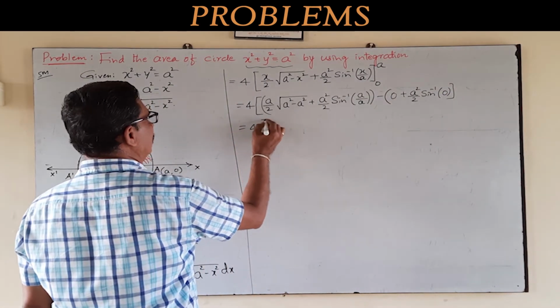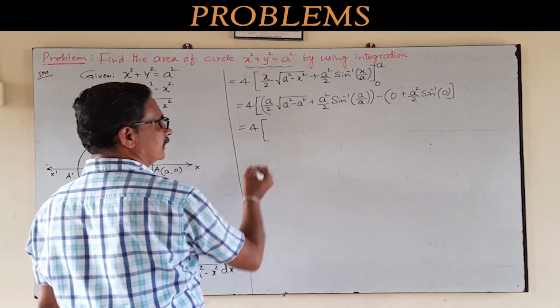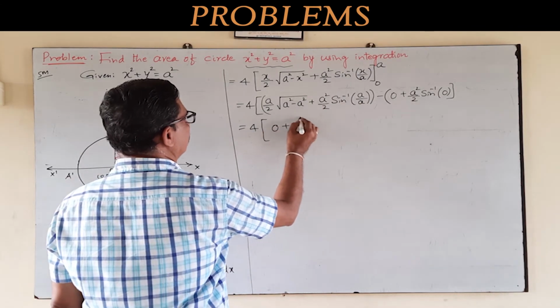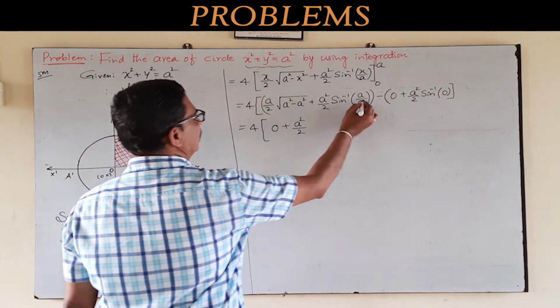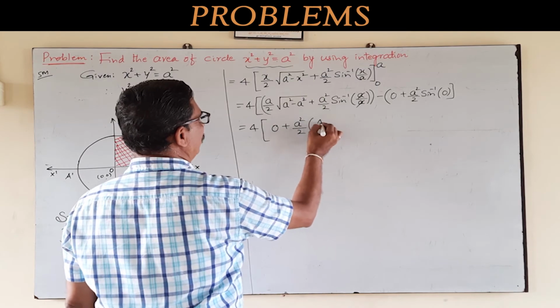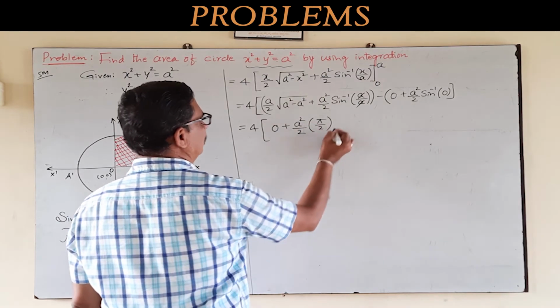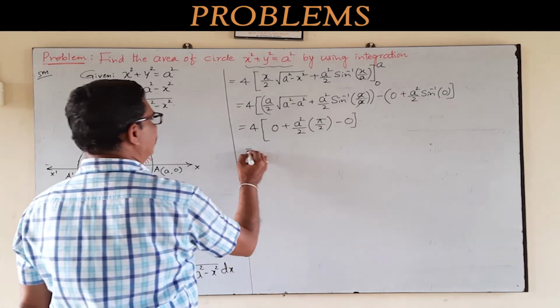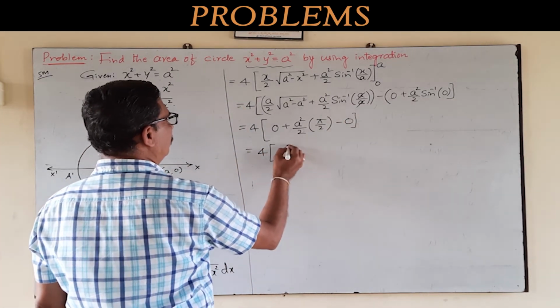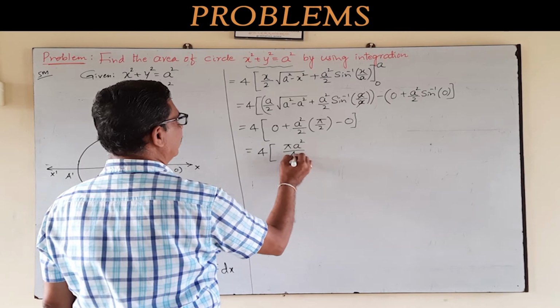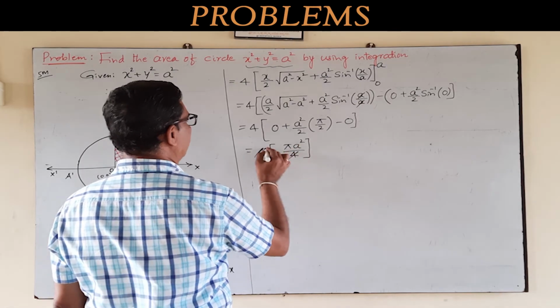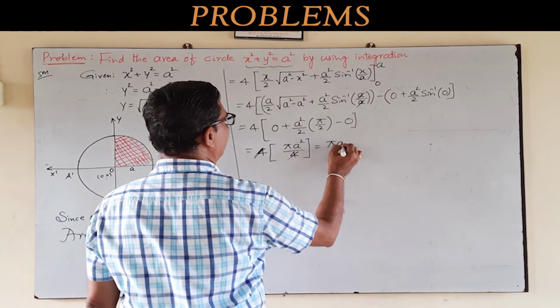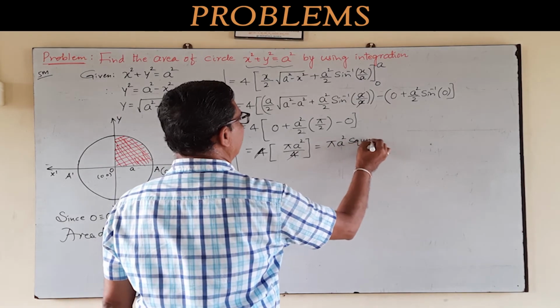So that equals 4 times, a square minus a square is 0, plus a square by 2. Here a cancels, sin inverse of 1, sin of which angle is 1, pi by 2, minus sin inverse of 0 is 0. That is 4 times pi a square divided by 4. 4 cancels. That is pi a square units.